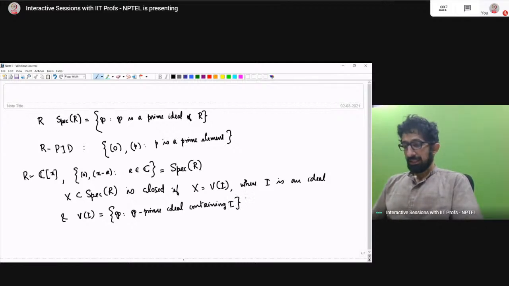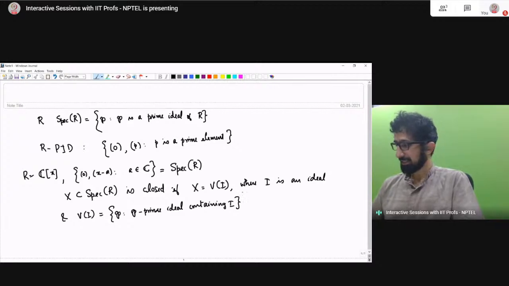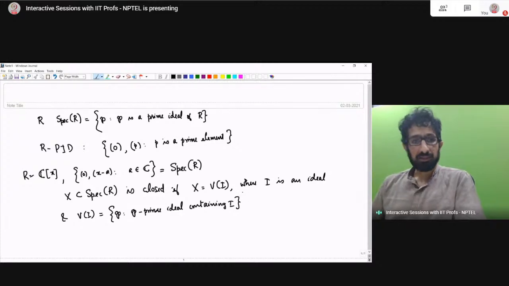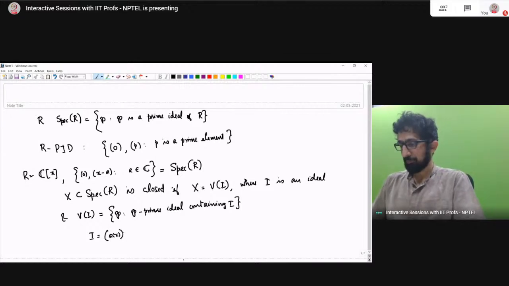Okay. Now, in the case that we are looking at, R equal to C[x], every ideal is a principal ideal, generated by some polynomial. Let me write this as the ideal generated by A(x).